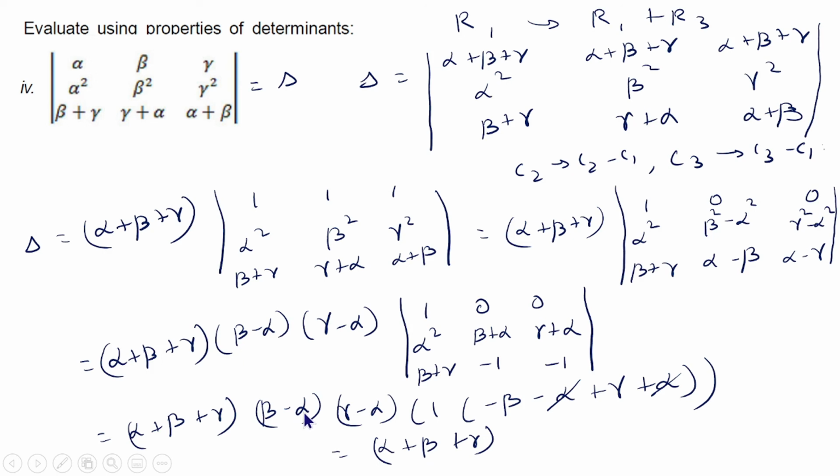So if we have alpha minus beta here, we will have beta minus gamma. So minus into minus becomes plus, into alpha minus beta into beta minus gamma into gamma minus alpha. So this is the value of this given determinant.